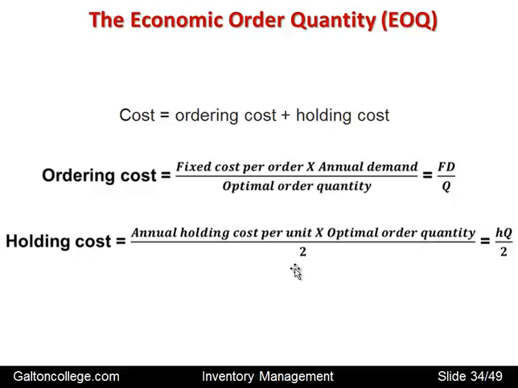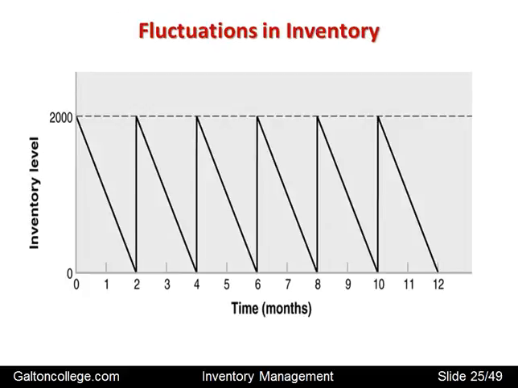Now, why is it divided by 2? Well, let's skip back for a second to this diagram. If we think about the average quantity held here, we take the 2,000, plus it runs down to 0 here, plus 0. So 2,000 plus 0 is just 2,000, divided by 2, and we get 1,000. So on average, the company holds 1,000.